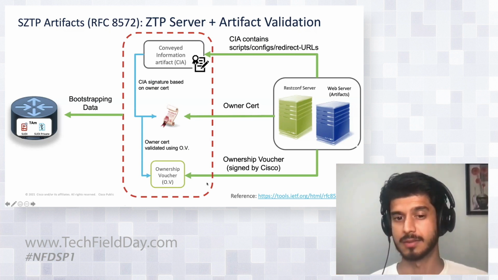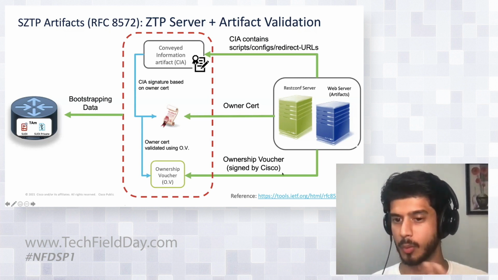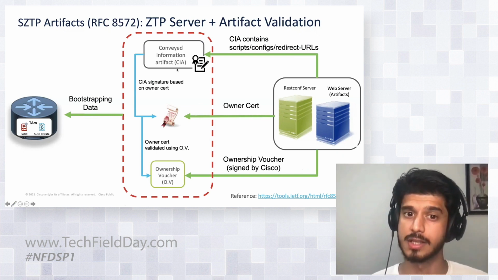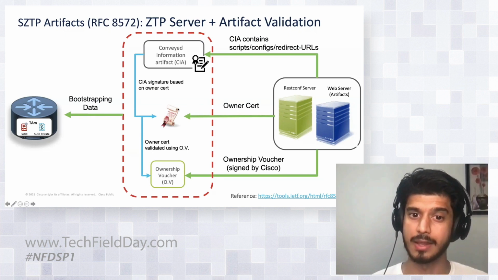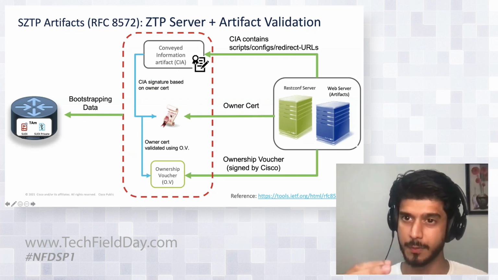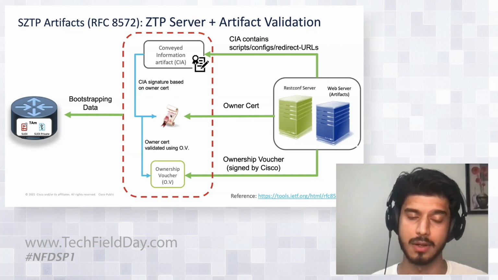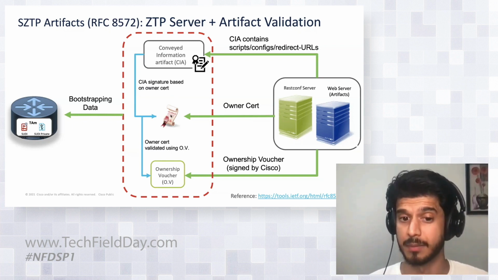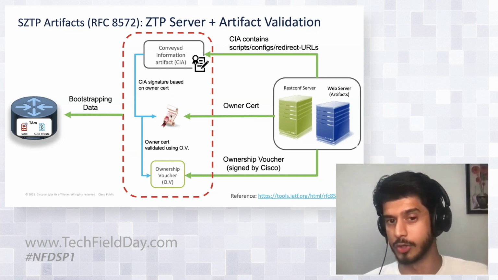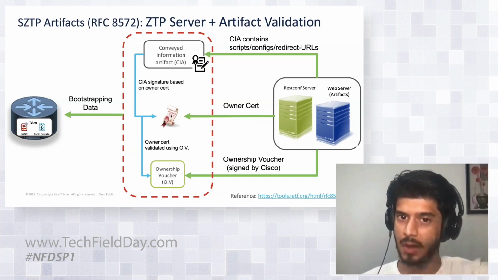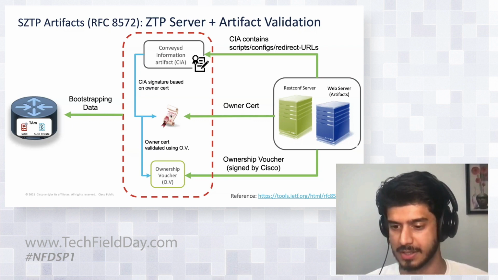There is an owner certificate backed up by the ownership voucher provided by Cisco, signed by Cisco, and all of your artifacts, scripts, configs, redirect URLs are also signed by that owner certificate that you now trust. You use all of this information in a single bootstrapping data context and give it to the device. The device will validate it and accept it because it trusts the ownership voucher, therefore the owner's cert, and hence the signature on the artifact, which contains the scripts, configs, etc.